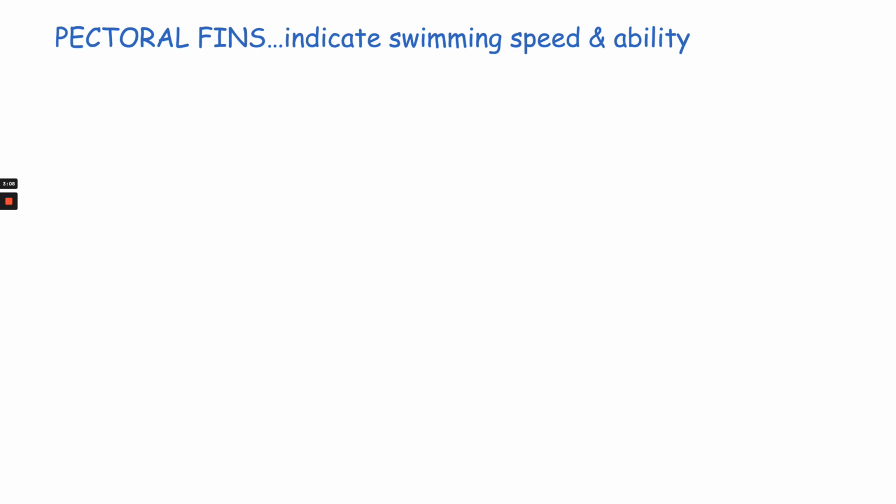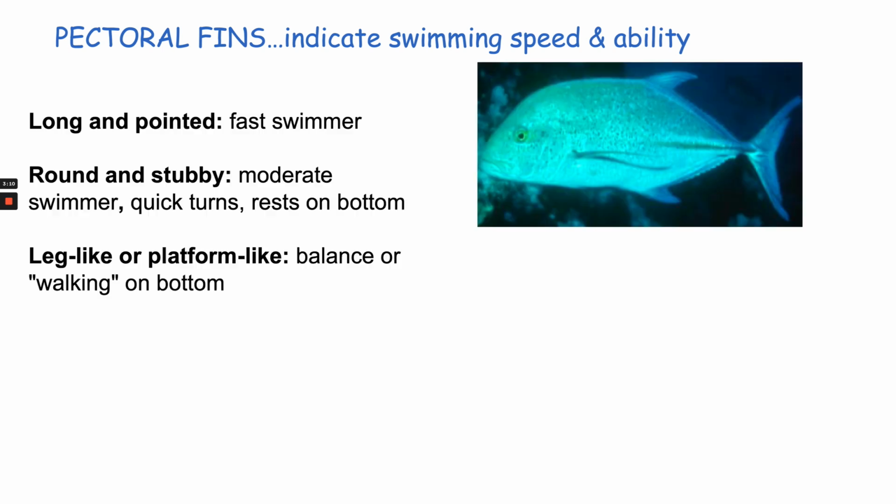So we're going to take a look at some of the different features on fish and how they help the fish. So pectoral fins, those are the fins that coincide with our arms, the fins that are on the sides of the fish. So when you see one that's long and pointed, those are usually fast swimmers.